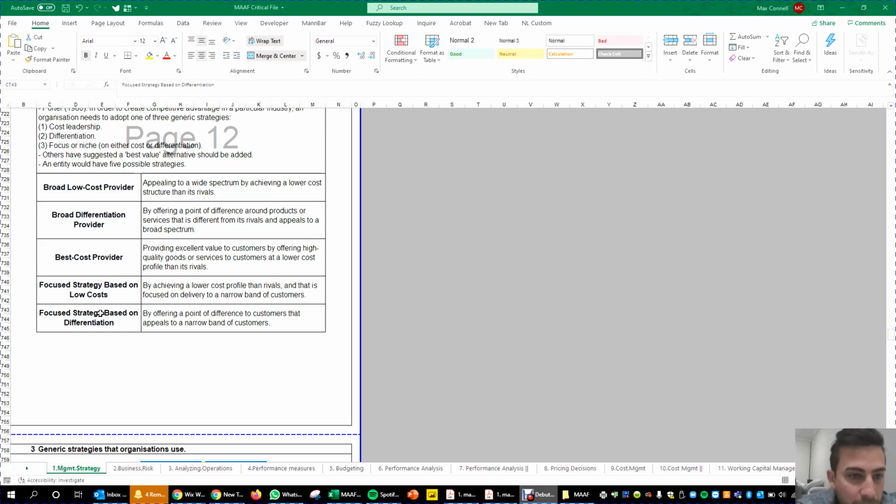Currently we're looking at broad low cost, but we could potentially differentiate the product itself. So we could focus on a broad differentiation strategy, which is the second point on the screen. You could focus on something like organic products, healthy products, or products that only use environmentally friendly inputs. So that's one potential option.